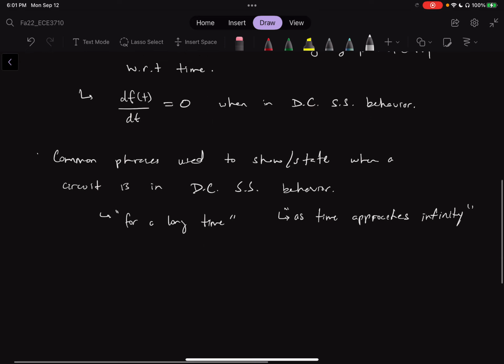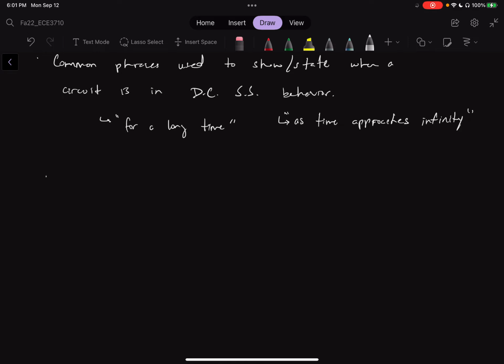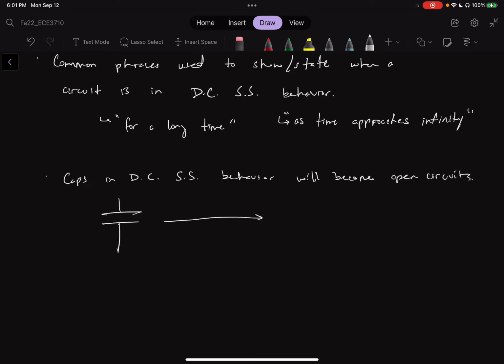So, what is the significance of this with respect to capacitors and inductors? Well, caps in DC steady state behavior will become open circuits. Again, in DC steady state, the current of the capacitor is equal to C dVc/dt, which is equal to 0.